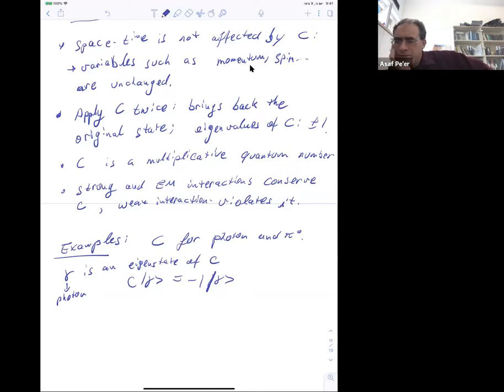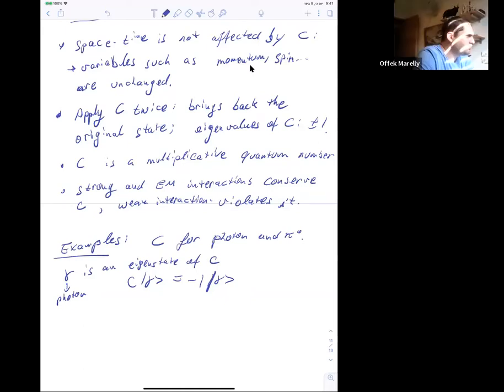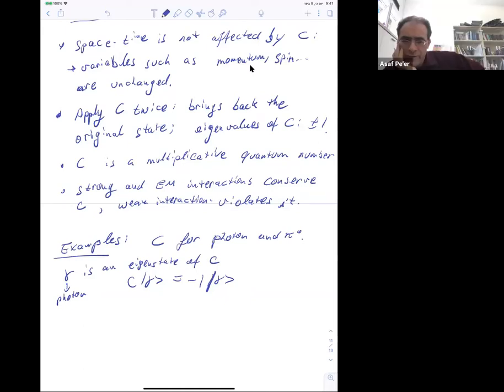What is the photon associated with, which field? Electromagnetic. What happens to the electromagnetic field when I change sign? When the electrons turn into positrons, what happens to it? Right, if I have an electric field of a particle, and now the particle turns into an antiparticle, what happens to the electric field?